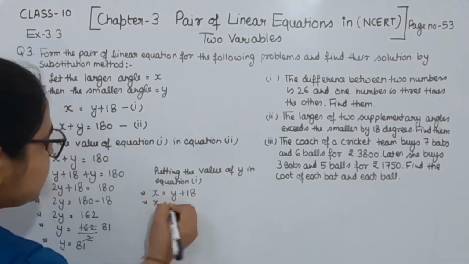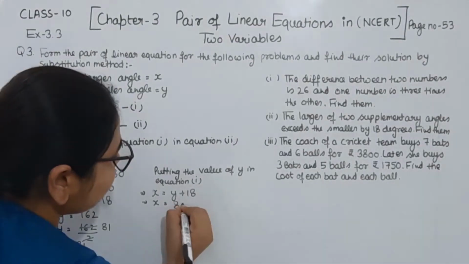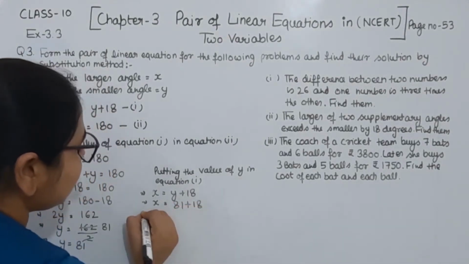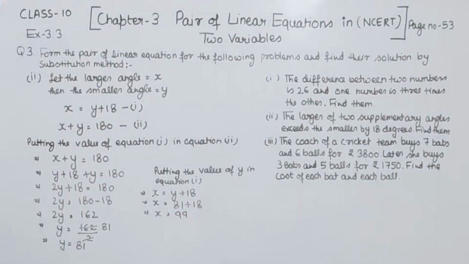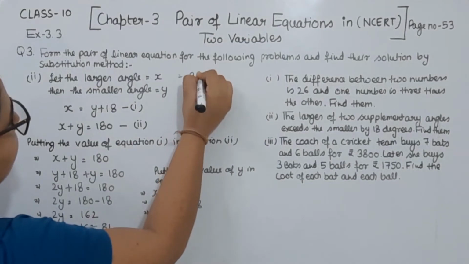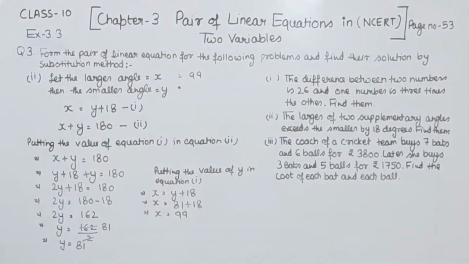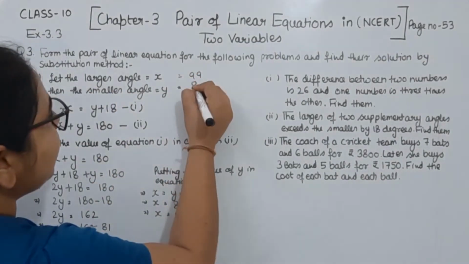So we'll have x is equal to y, we are having 81, plus 18. So the value of x we are having is equal to 99. So that means the larger angle we are having is equal to 99 and the smaller angle we are having is equal to 81.